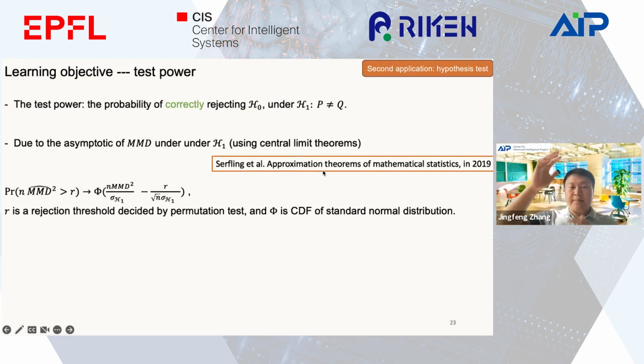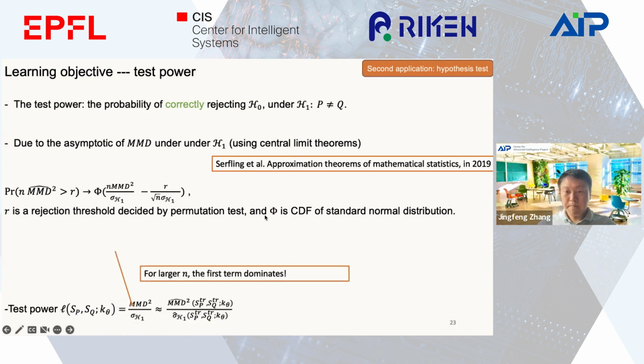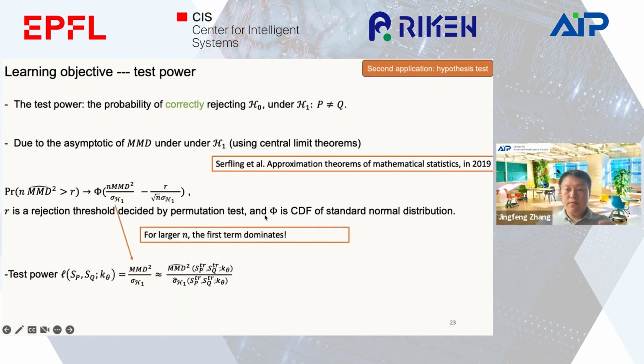Due to the asymptotics of MMD under the alternative hypothesis, we use the central limit theorem. R is the rejection threshold decided by the permutation test. Big sigma is the CDF of the standard normal distribution. Then for large N, the test power is dominated by the first term.